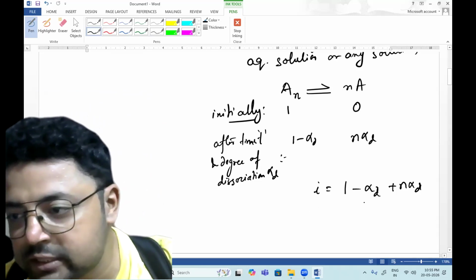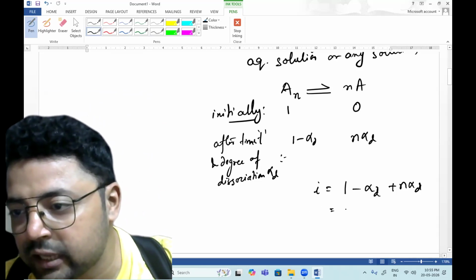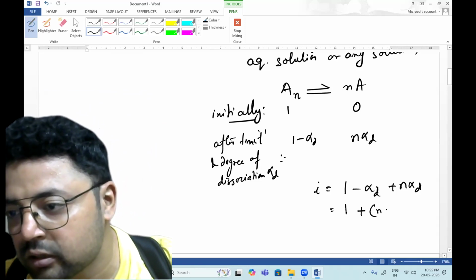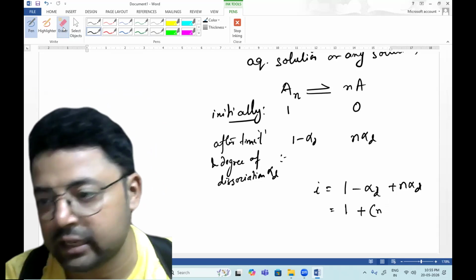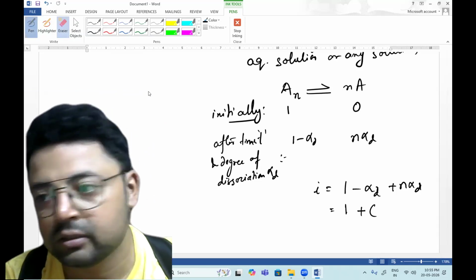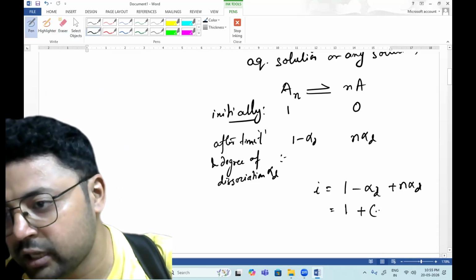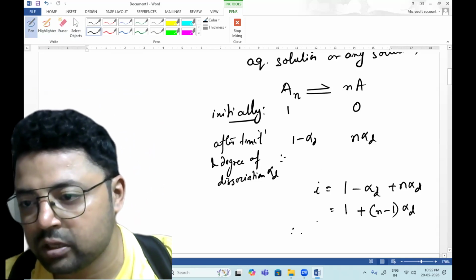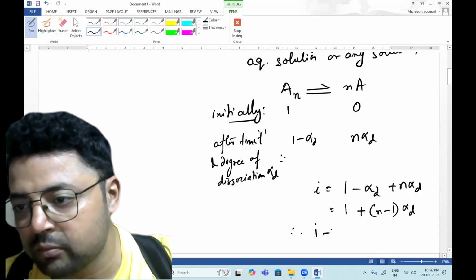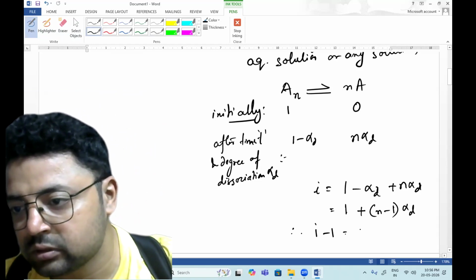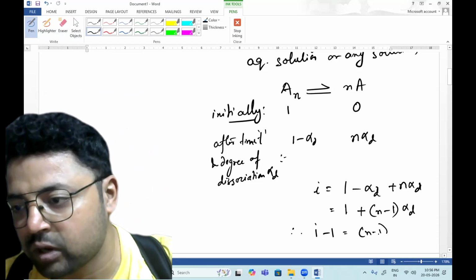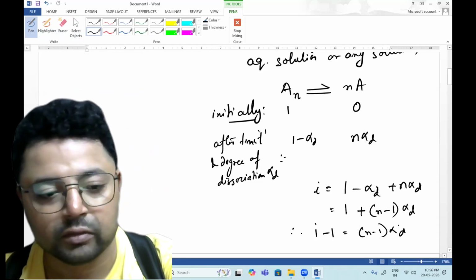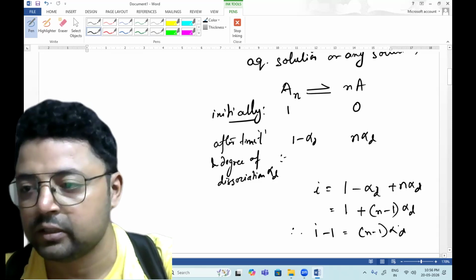So from here you can take alpha D common and you will get N minus 1 alpha D. So from here you will get i minus 1 equals N minus 1 alpha D. Understood?